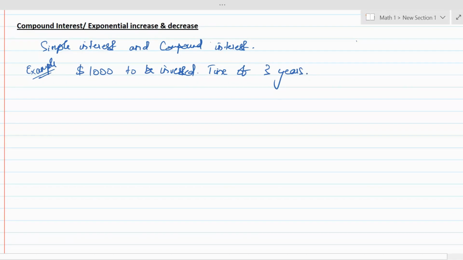Principal $1,000, time 3 years, and then the rate for simple interest, we'd say that the rate is 10% per year.